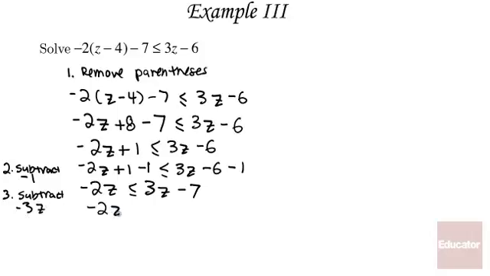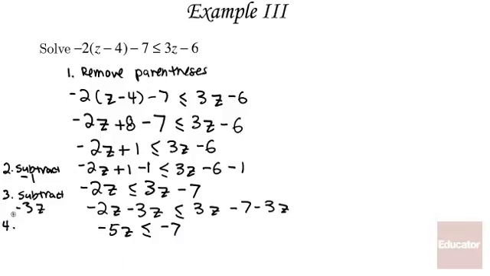We're working with z. Negative 2z minus 3z is negative 5z is less than or equal to negative 7.